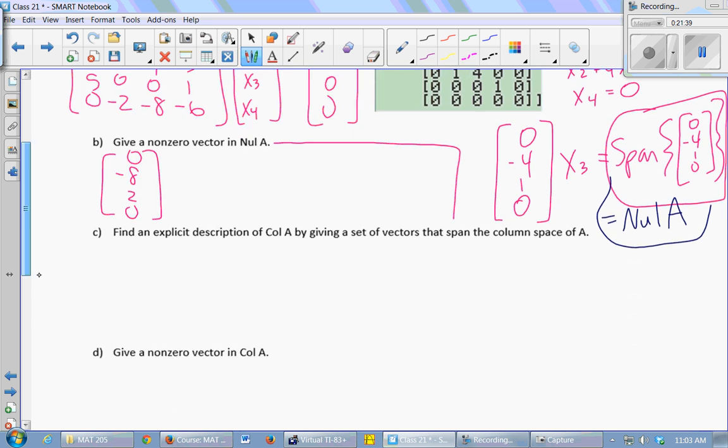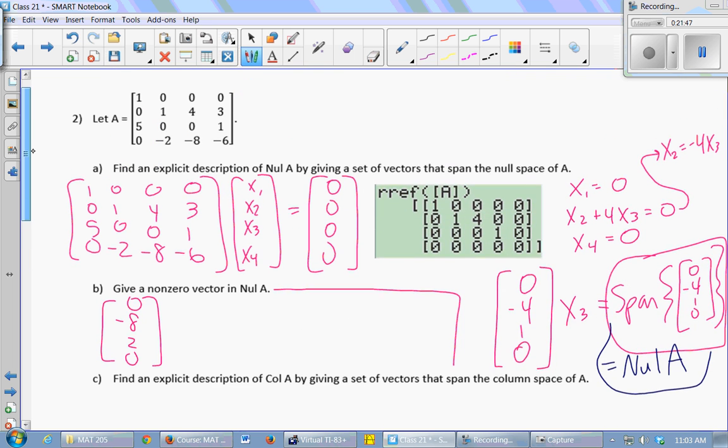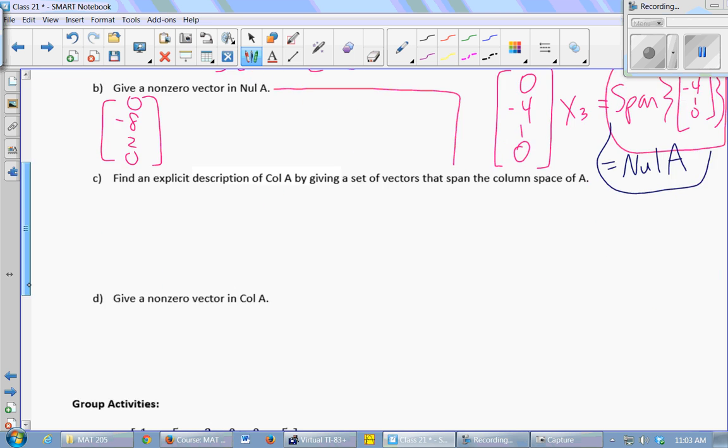Okay, now I want to find an explicit description for the column space of A. So remember, the column space of A is the set of all linear combinations of the columns of A. So this one is a lot easier. It's just the span of the columns.